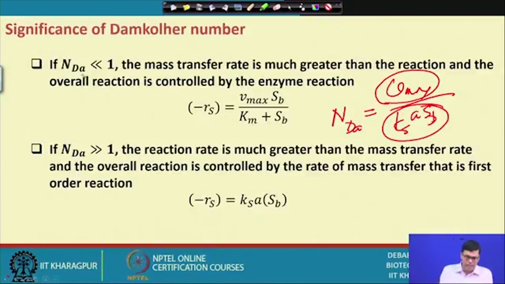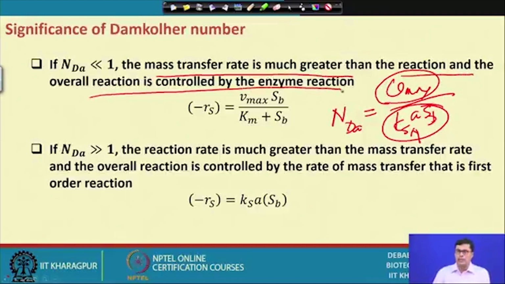Now, if NDA is less than 1, that means the rate of mass transfer will be very high, so the substrate is going at a higher rate compared to the rate of reaction. Then the mass transfer is much greater than the reaction, and the overall reaction will be controlled by the enzymatic reaction.